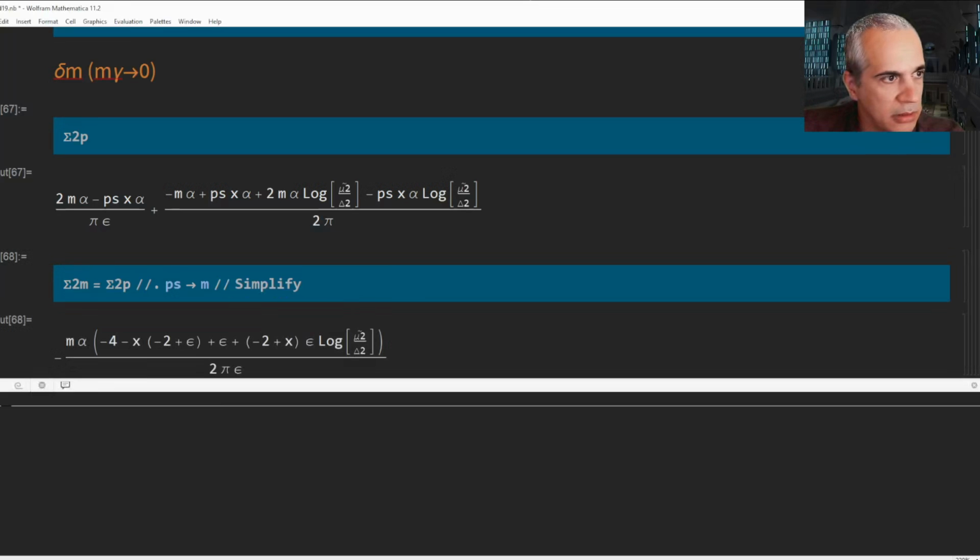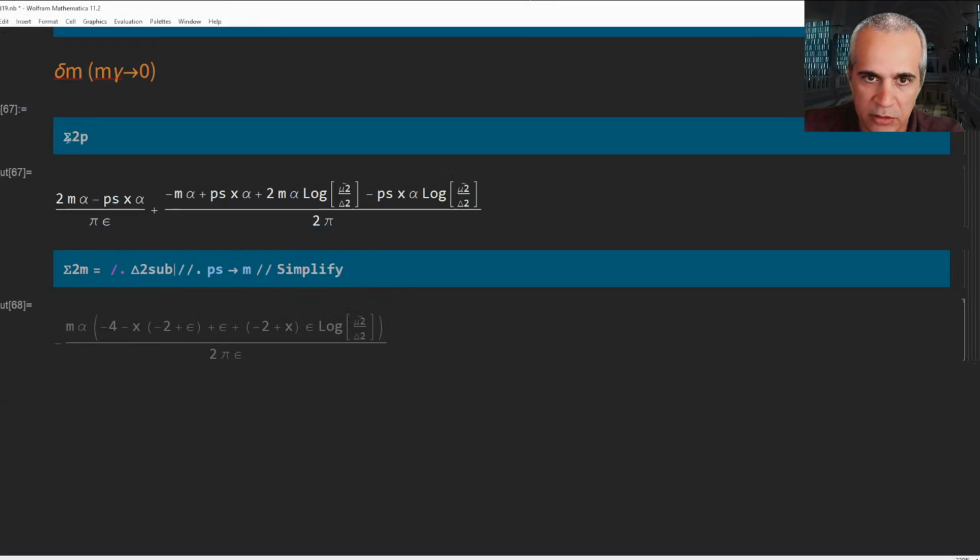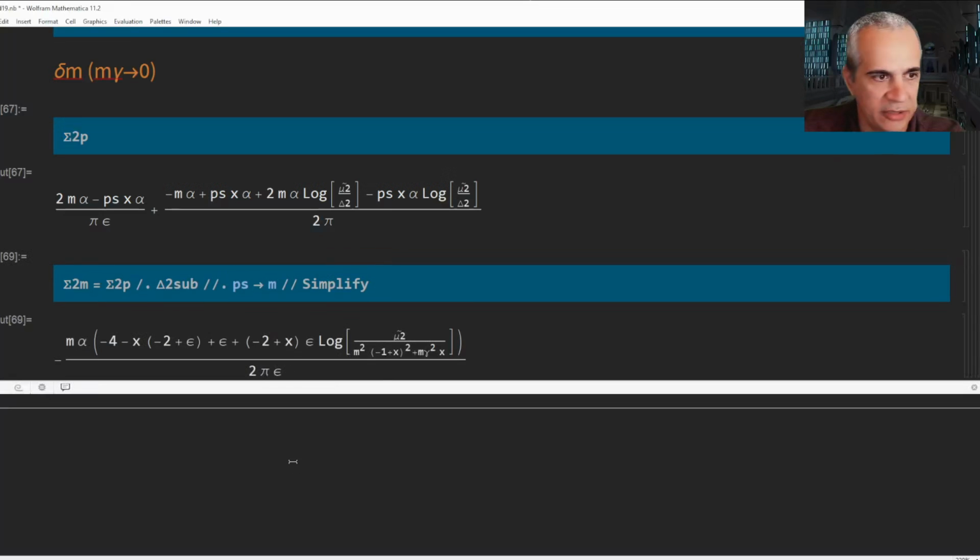Wait, no, I'm missing one piece here. Forgot to substitute delta. So before I do the substitution here, I need to do this one. So here, first I substitute delta inside sigma 2 of p slash, then I make the other one, and this looks better.